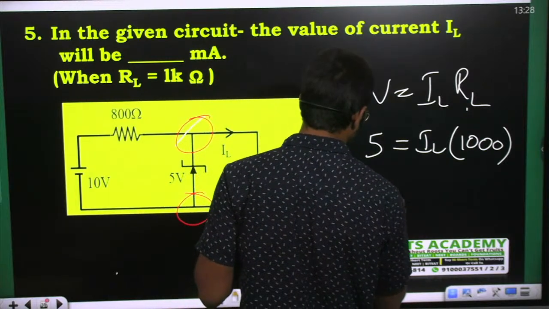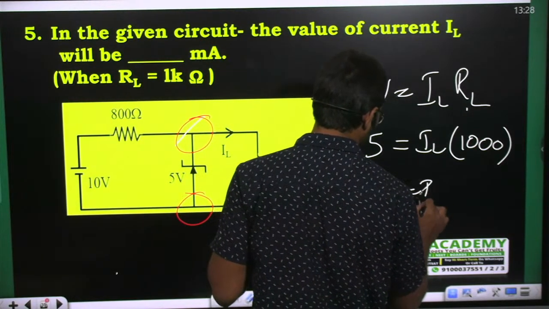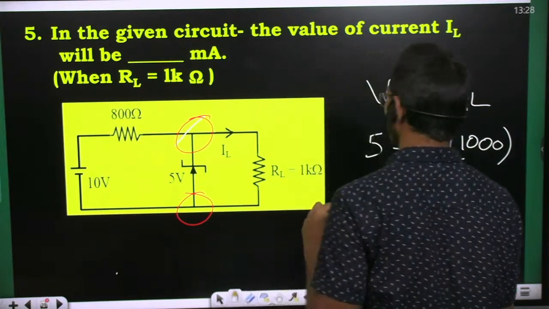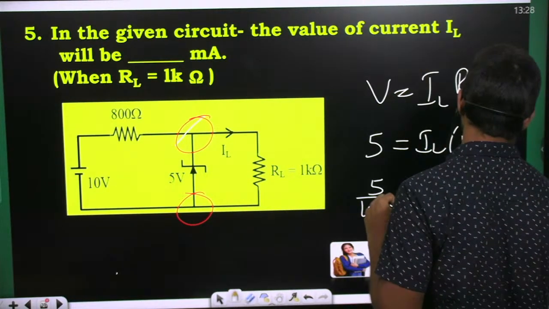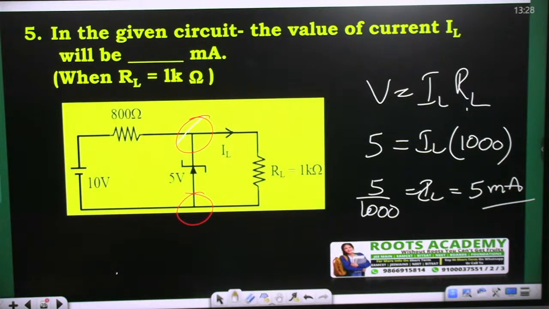So 5 by 1000 amps is equal to IL, so 5 milliamps. Straightforward question. If you are aware of the property, you are done. So nothing to worry. Straight question. You can solve it.